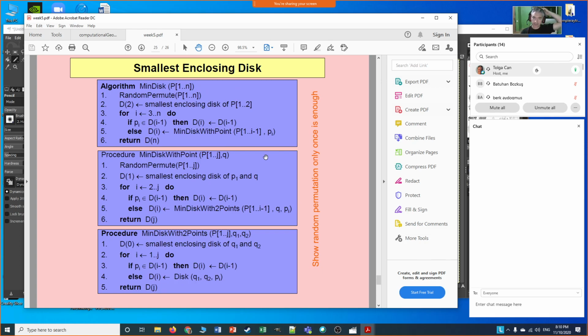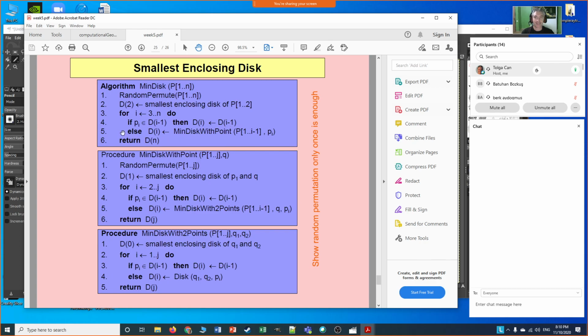Now, this is a randomized, incremental algorithm. In the worst case, it may take n squared time. But the good thing is this: what is the probability that the ith point is not inside the disk that was computed in the first i-1 steps?